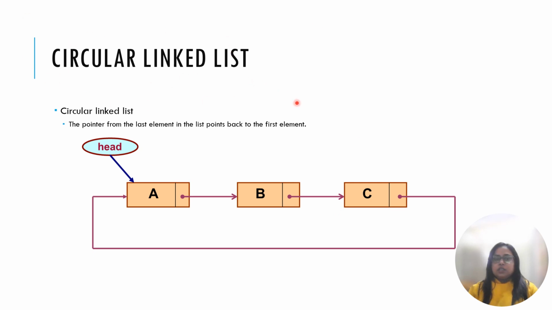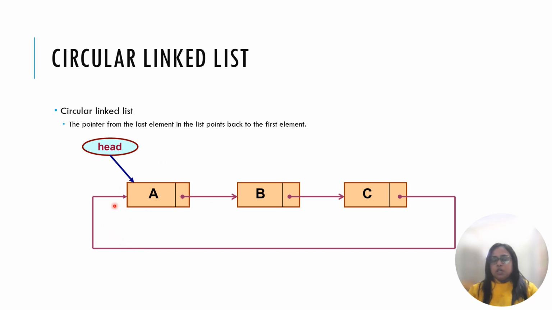Another variation is the circular linked list. This is a structure where, as a single linked list, the last link pointer, as we have seen, would be null, but here the last link pointer will point to the first node. So whenever you create a node, the link will not be null, it will point to the first node.